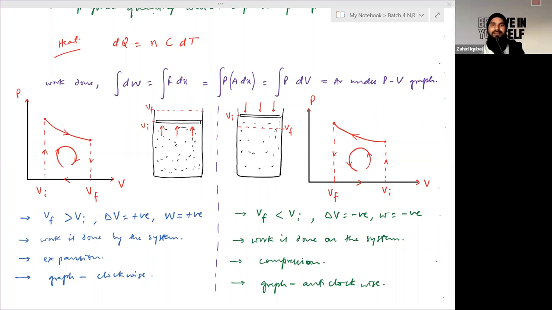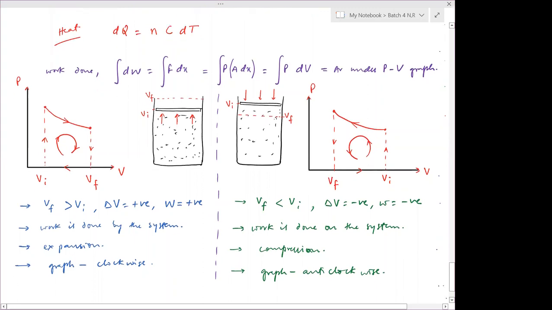Okay. Any doubt related to this part? No, sir.